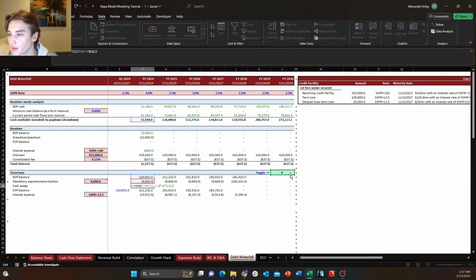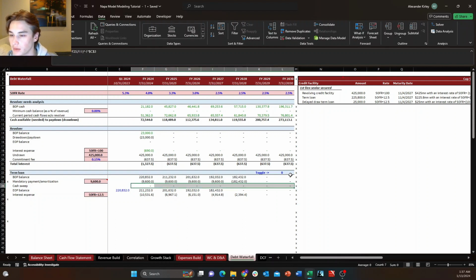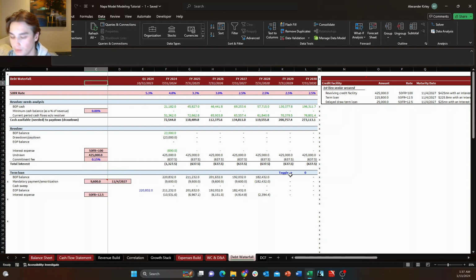Change this to C. Excellent. You can make that into a toggle as well.